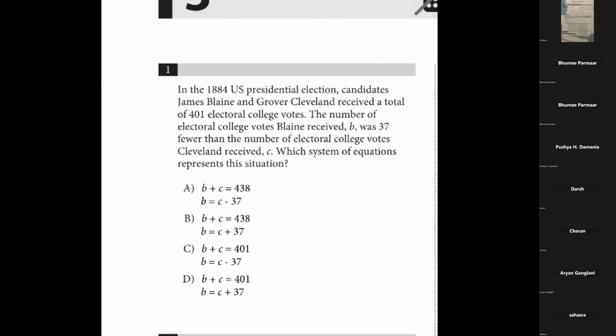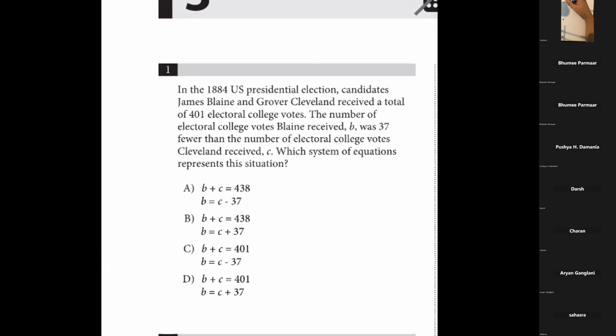Okay, so for this first question, as you can see, we're looking for an expression. And so for this, we want to first figure out which parts of the question are important.